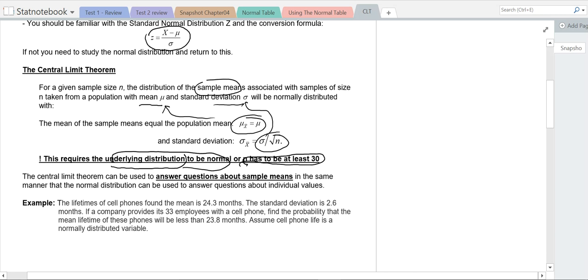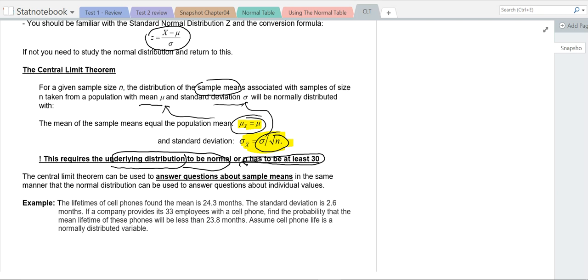So when you have a question about a sample mean and the probability the sample mean is something or in some range, you need to think in terms of the central limit theorem, because from that you can find the mean is the same as the underlying population, but the standard deviation of the sample means is sigma divided by the square root of n.